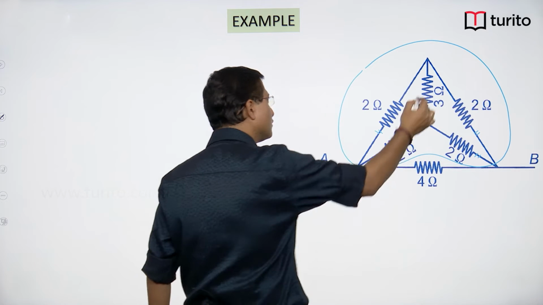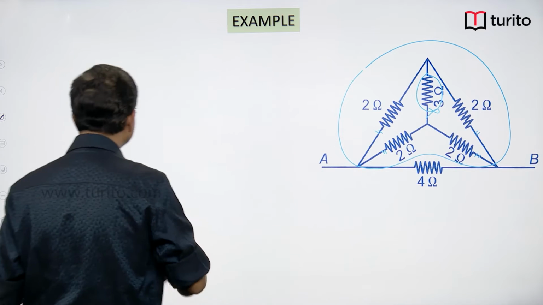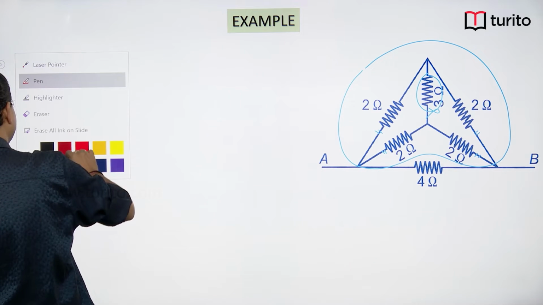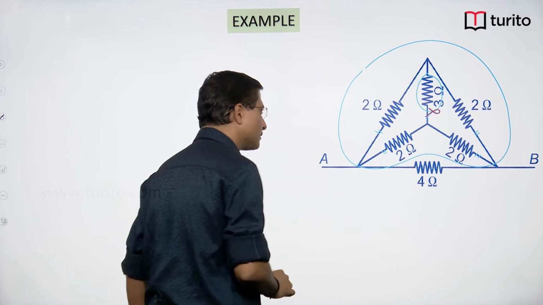That means there is no flow of current through this resistor. I can remove that middle one, I can remove this resistor.